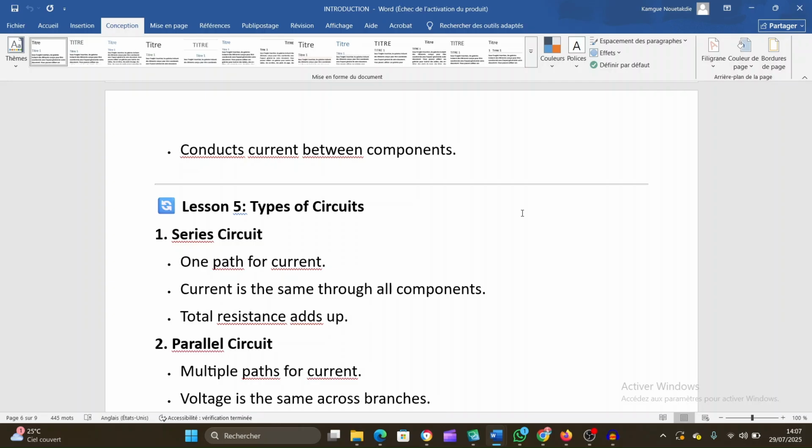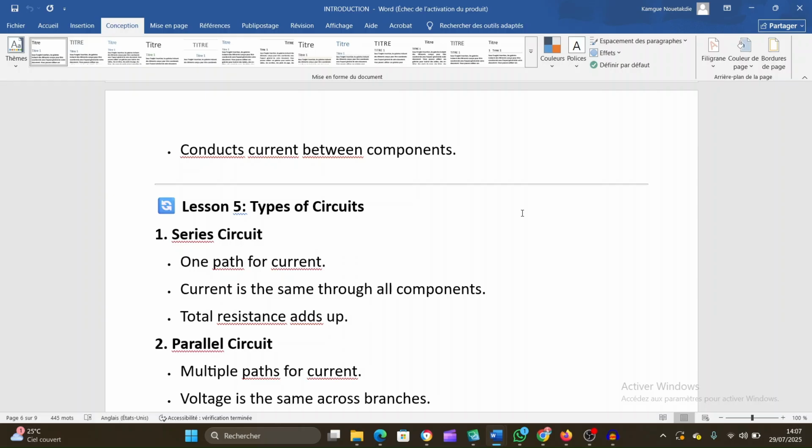This is a series circuit. If the current in bulb 1 is 0.01 amps, and don't forget amps is the unit of current that we set earlier, in the 10th bulb you're going to have the same 0.01 current.